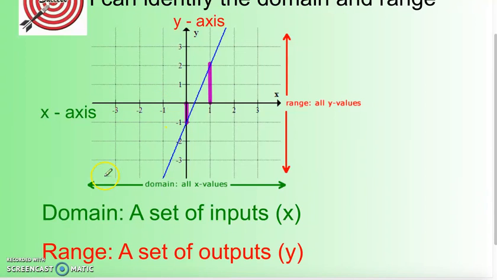So our domain is all the numbers that we plug in, and really it's an infinite number of numbers, because a line, which is what a function creates, goes on infinitely in both directions. Now the range, same is true, it's all the answers.